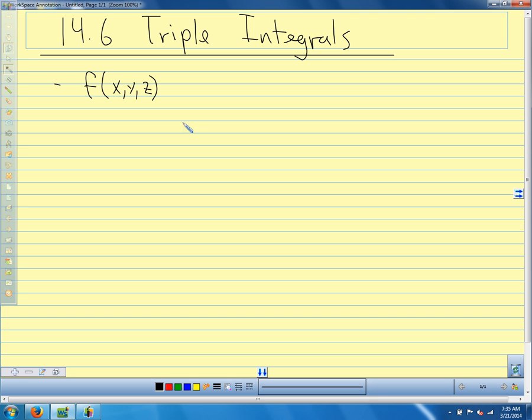Today we're saying we have some function of x, y, z. And our function is a nice function, so we're going to say it's continuous over a bounded solid region. We're going to call our solid region Q.